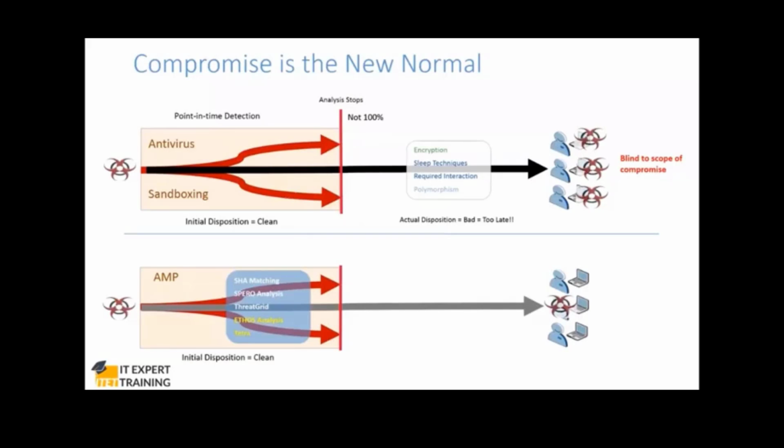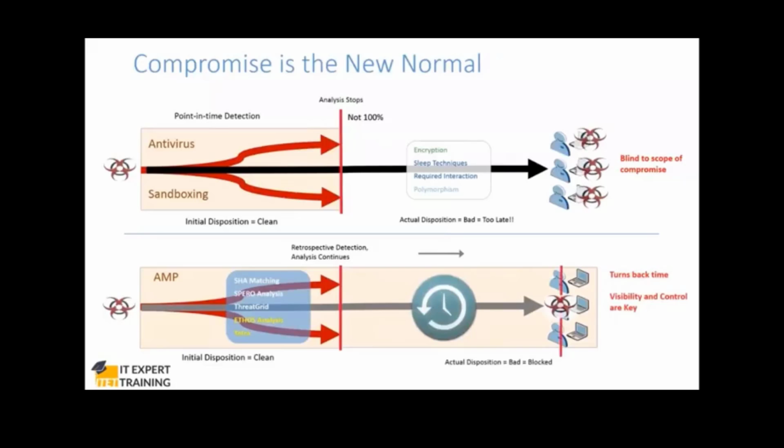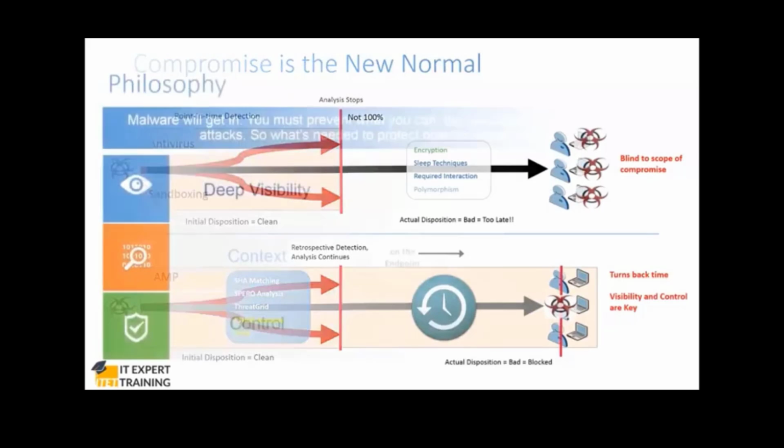Here you can see the initial disposition is clean. This analysis continues, and retrospective detection is happening here, and the actual disposition is bad, but it's blocked. So you have visibility and control, which can block everything.